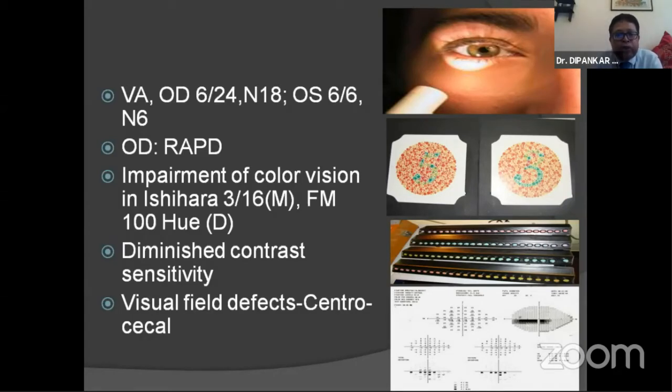There was diminished contrast sensitivity, as Dr. Saxena has shown in his slide, by the Pelli-Robson chart, seen in our institution. The visual field defect was centrocecal, as shown in the figure here.